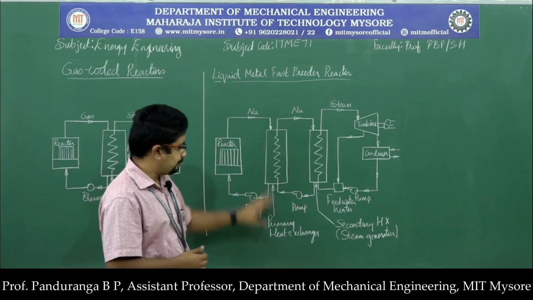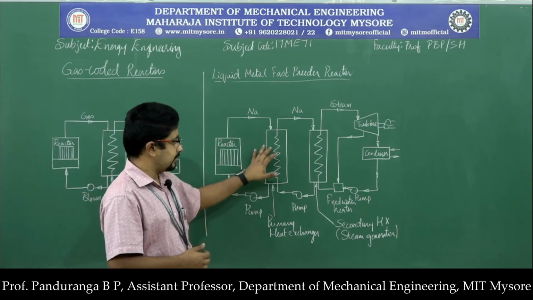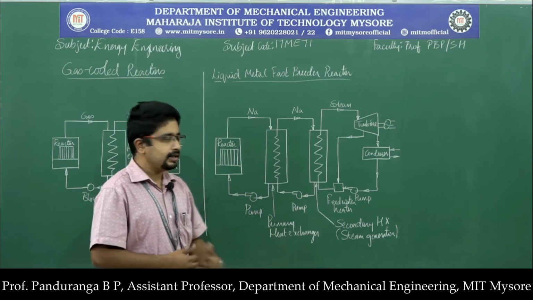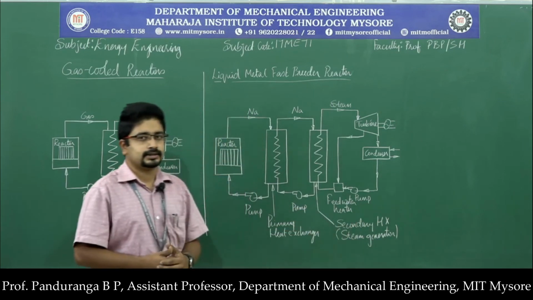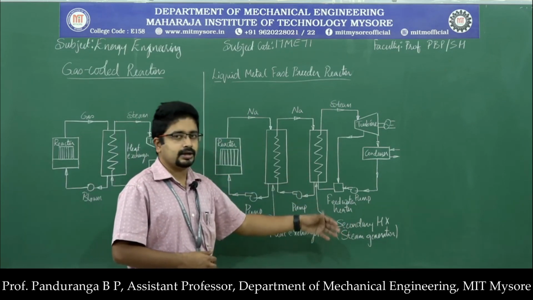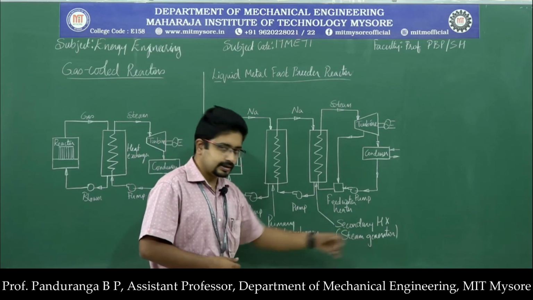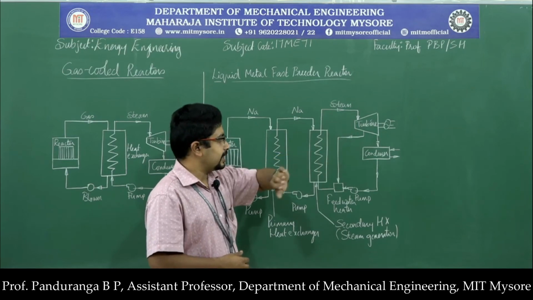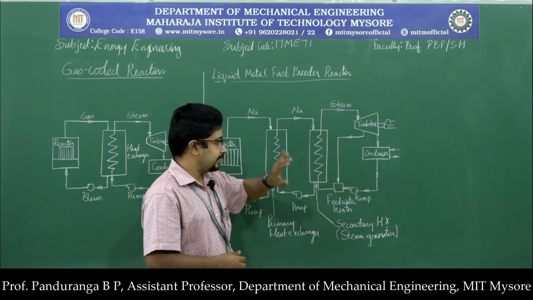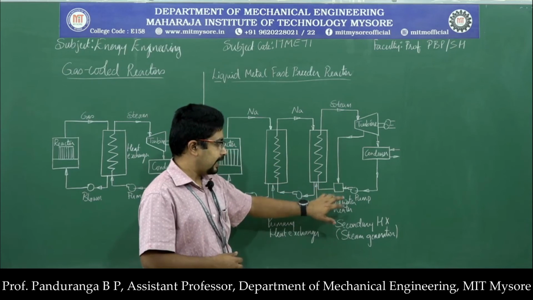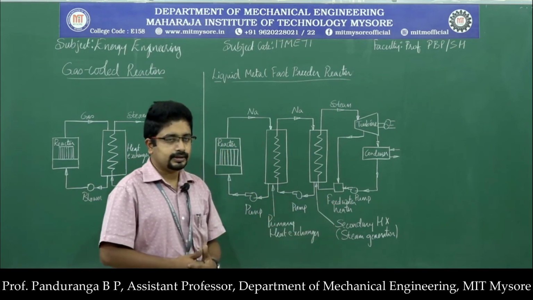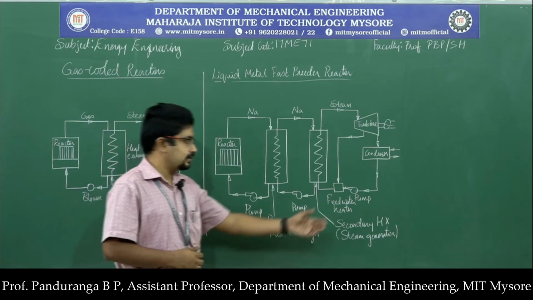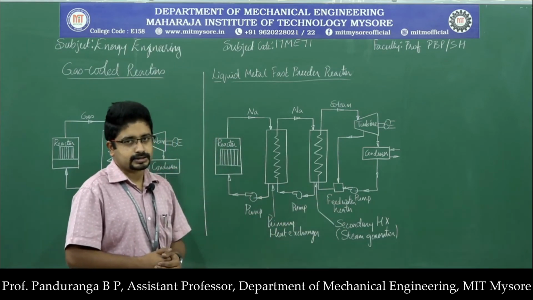Then we have the primary heat exchanger, then the secondary heat exchanger (HX represents heat exchanger), also called the steam generator. Then we have the steam turbine, the condenser, the bleed pipe, the feed water heater, and pumps to pump liquid metal as well as water in the last circuit.